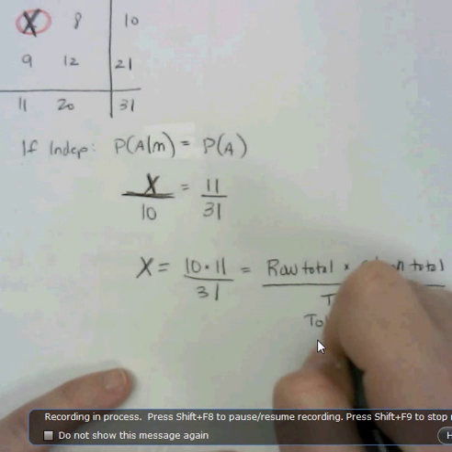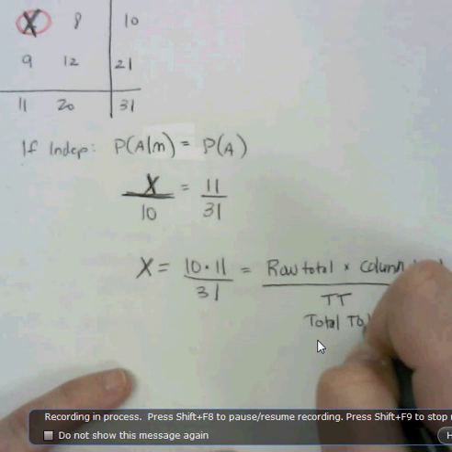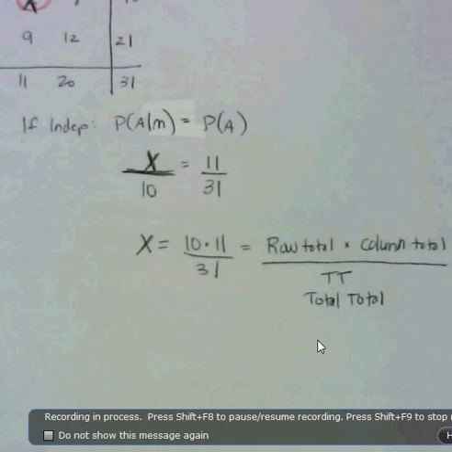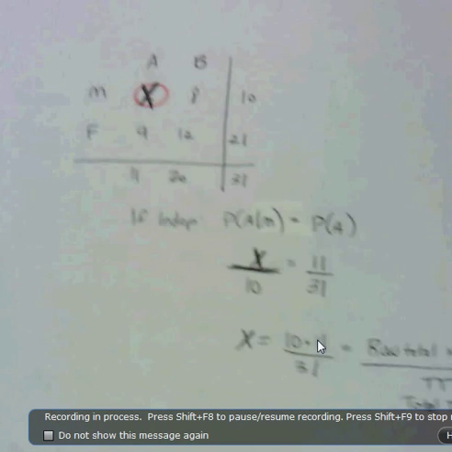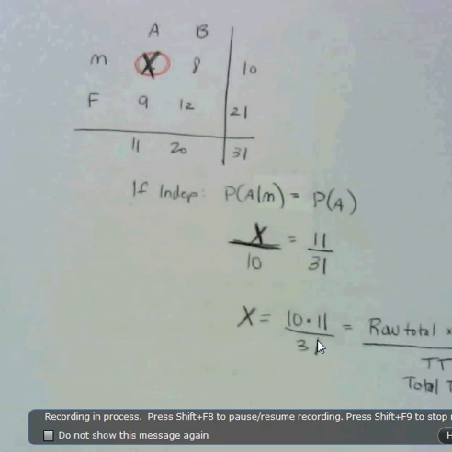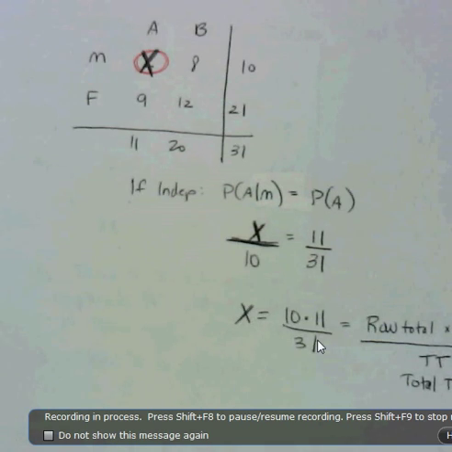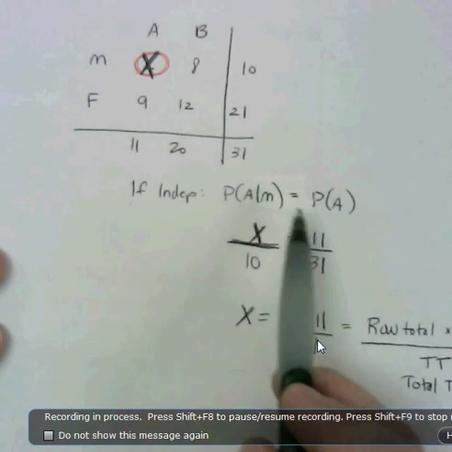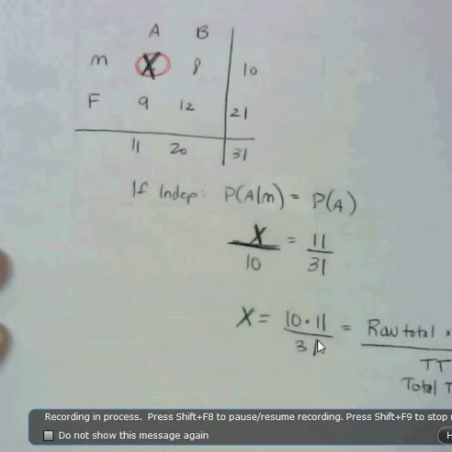I'll write that out so you can see this, total. And that is how you find your expected count. So it's like an independence argument: in order to find X, we have this proportion that we can set up, and if they're independent, these two things should be true.